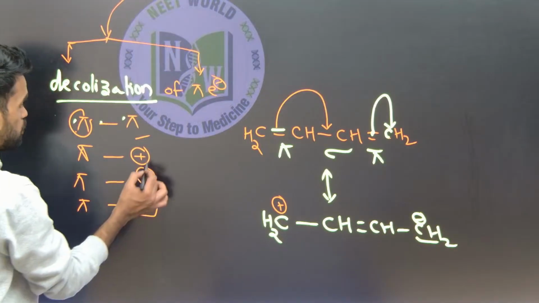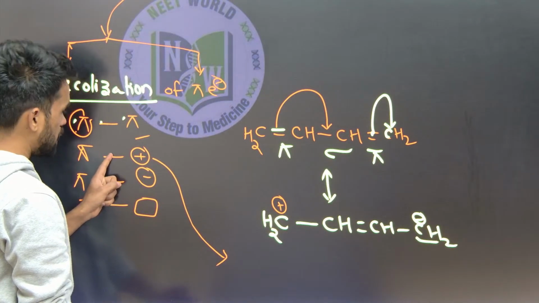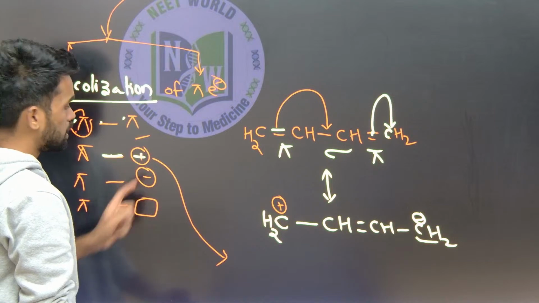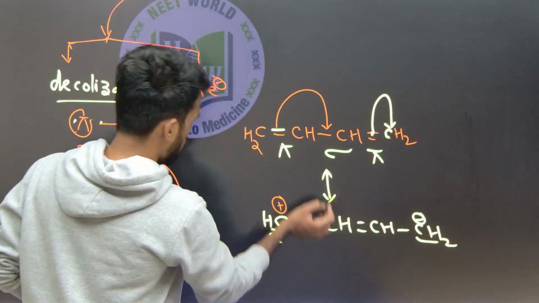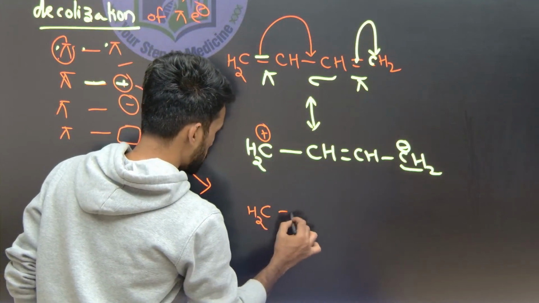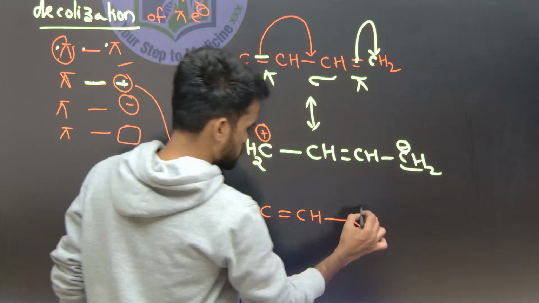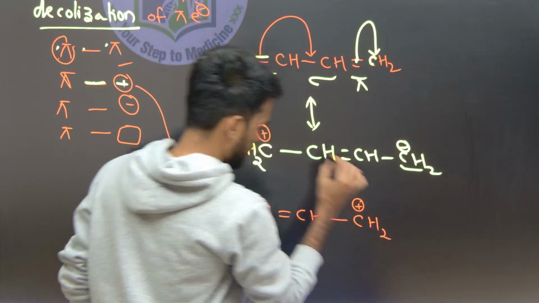Now what is the other possible delocalization? I told you pi bond, sigma bond, and the next a positive charge, okay. So how can you write this? CH2 double bond CH, single bond CH with a positive charge, like this I am writing.